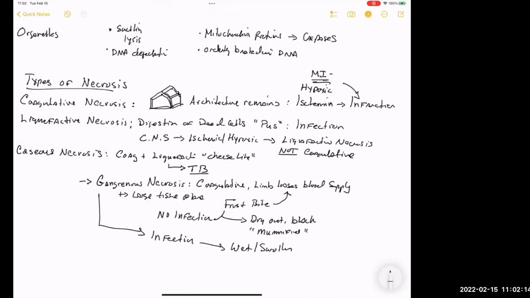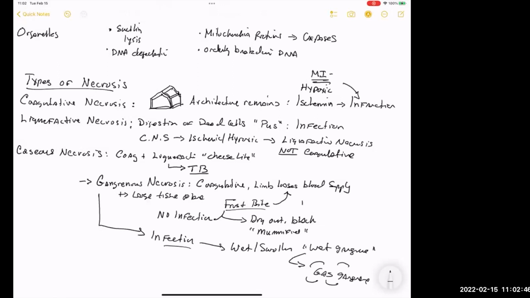And that is sometimes referred to as wet gangrene when you have an underlying infection. And if the organisms, the bacteria, typically create lots of gas, you can get gas bubbles developing, and that is referred to as gas gangrene. Right? So yeah, frostbite is a good example of that.